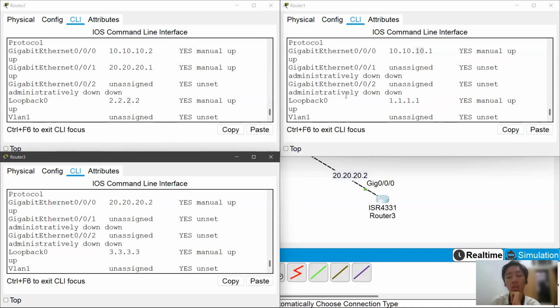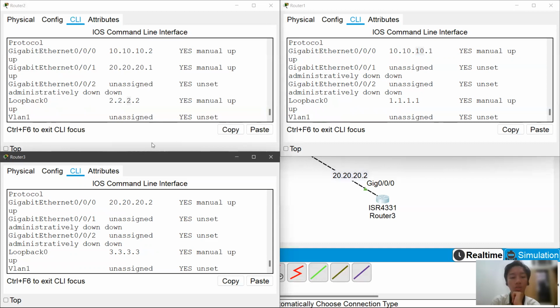Same if router 1 wants to ping interface gig 0/0/0/1 in router 2, it cannot ping because the network is different.